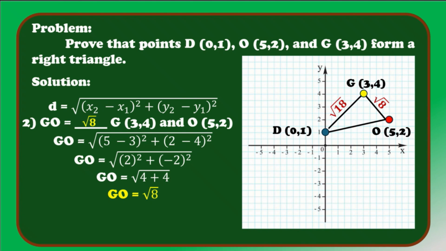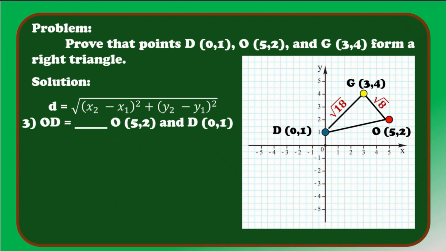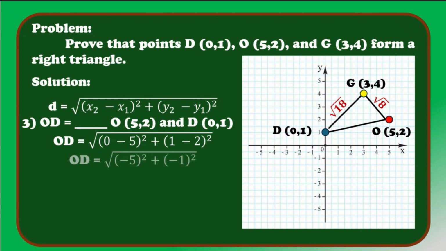And lastly, let's find the distance OD, where O is located at (5, 2) and D is located at (0, 1). Substitution: OD equals the square root of the quantity 0 minus 5 squared plus the quantity 1 minus 2 squared. Simplify it.